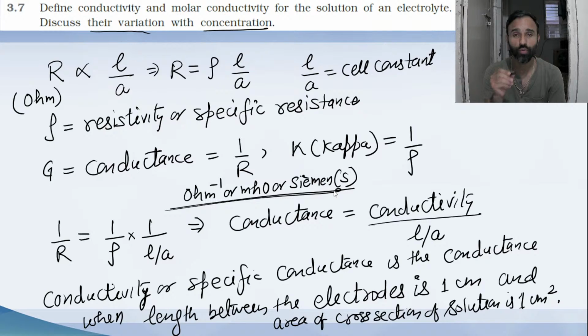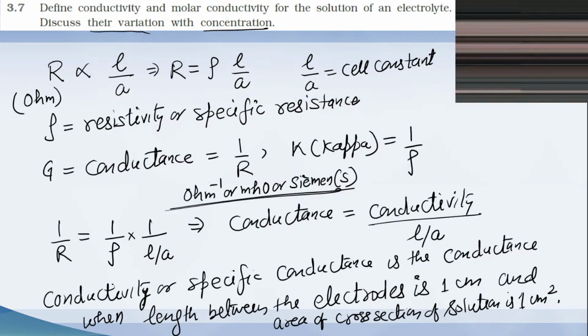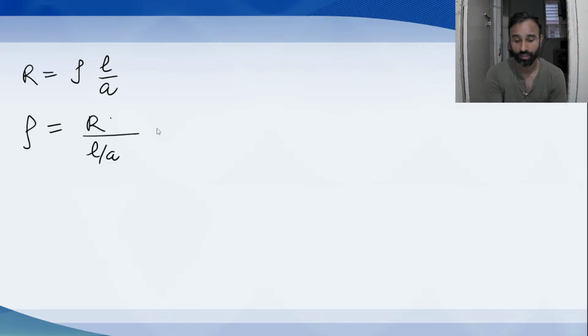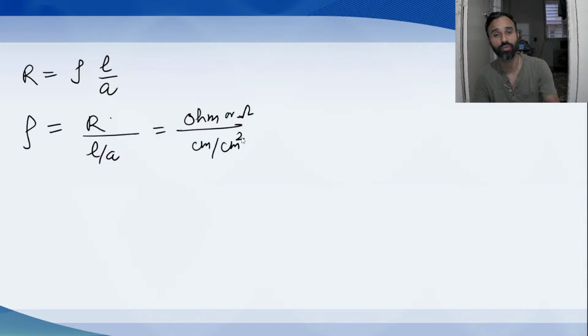Now what is the unit of conductivity and resistivity? See, resistance is rho L upon A, right? So rho is resistance into A upon L. The resistance is in ohm, and if L is in centimeter, A is centimeter square.